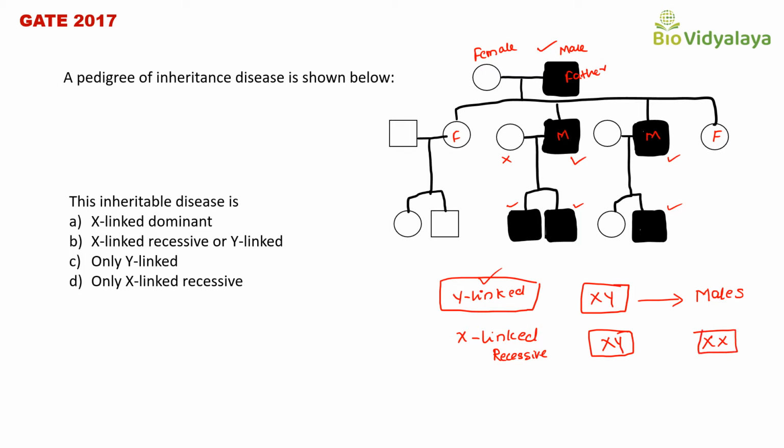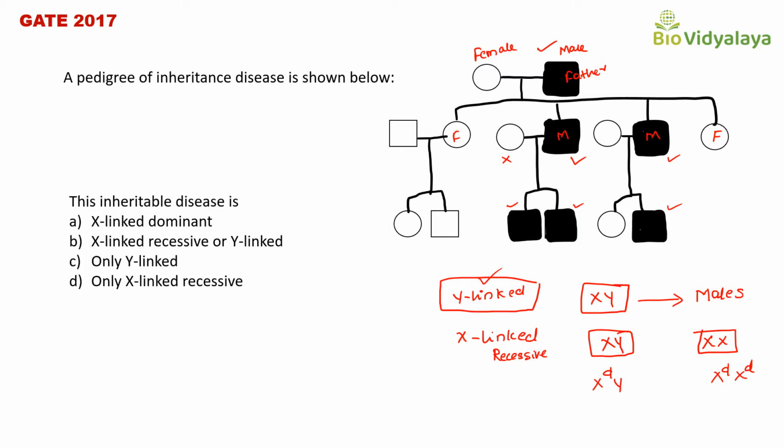That's why in males only one recessive allele is required to express the trait, but in females both X chromosomes should carry the recessive allele. Then only it will be expressed. Okay.